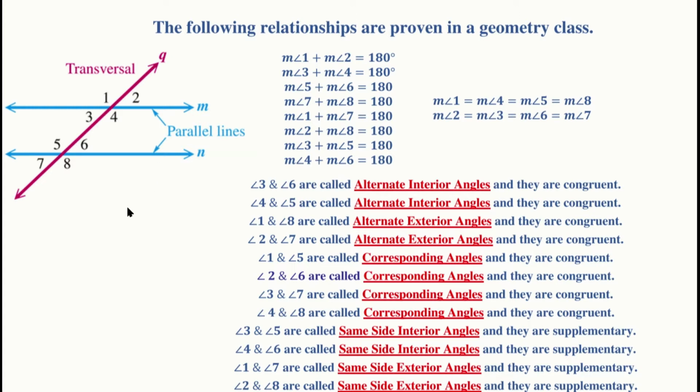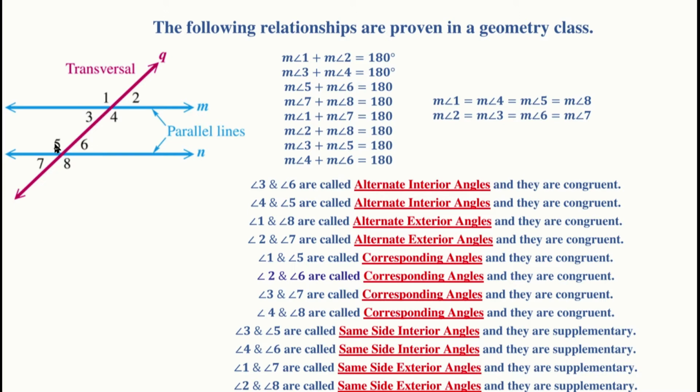Okay, the only name remaining we haven't discussed is what do we call a pairing like 1 and 5, right? Notice they're in the same corresponding position, to the left of the transversal and above the line that is one of the parallel lines, right?